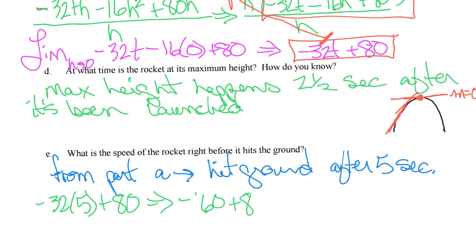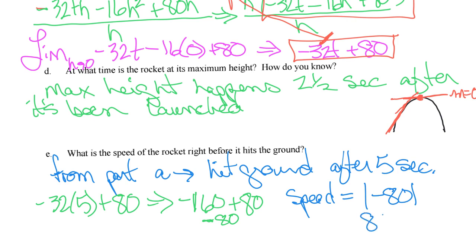Negative 160 plus 80 is negative 80. And we are looking for the speed, which is going to be the absolute value of our velocity. In other words, it's going to be 80 feet per second.